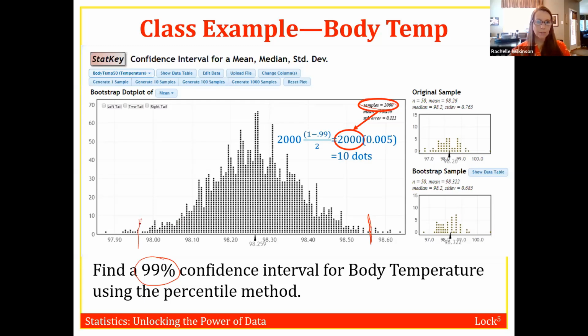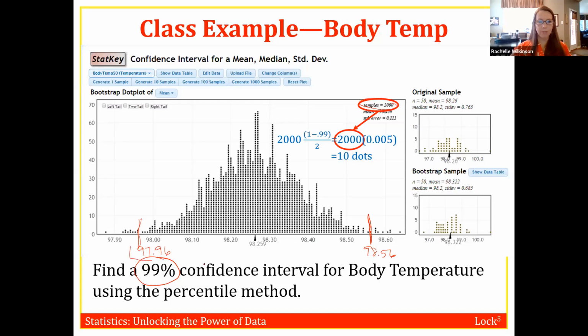Okay, and where these values cross the x-axis, that is going to be my upper and lower bounds for the confidence interval. So looking here, I can see that there's like 0.1 of a degree in between here. These numbers seem slightly off of the center when I'm looking at my grid lines. So I'm going to call this one 97.96. And I'm going to call the upper one 98.56.